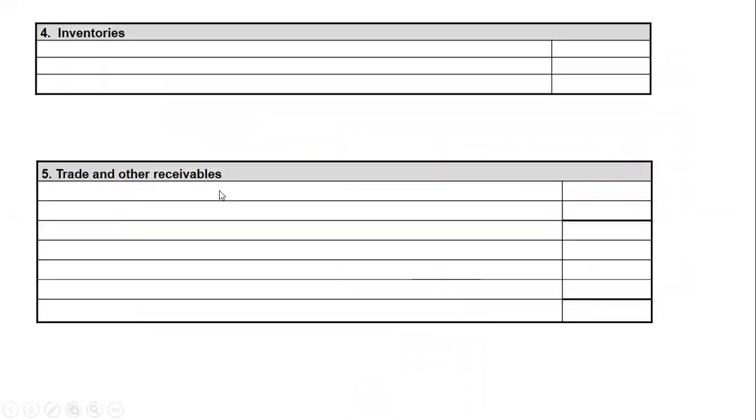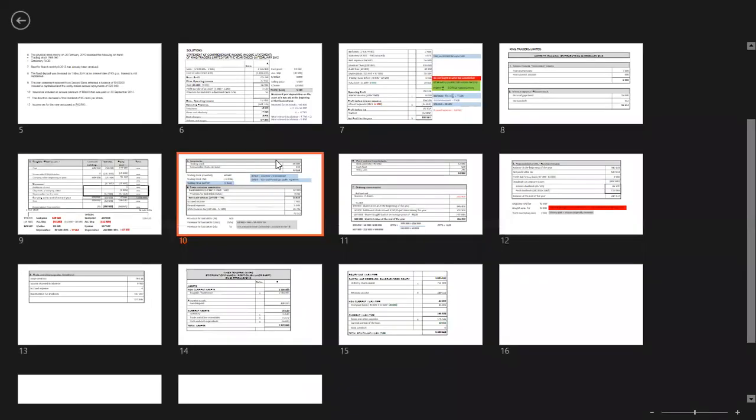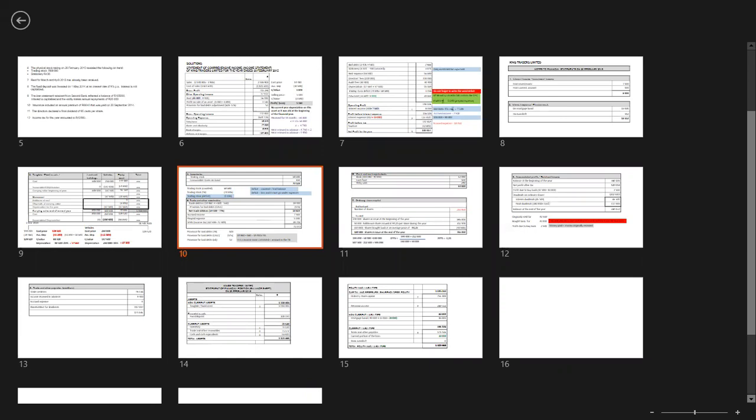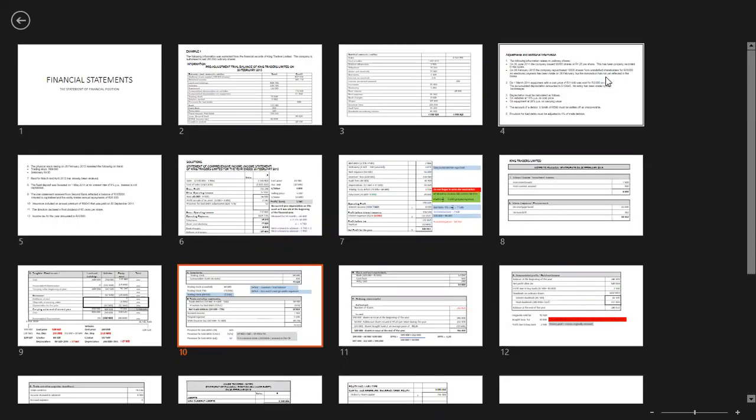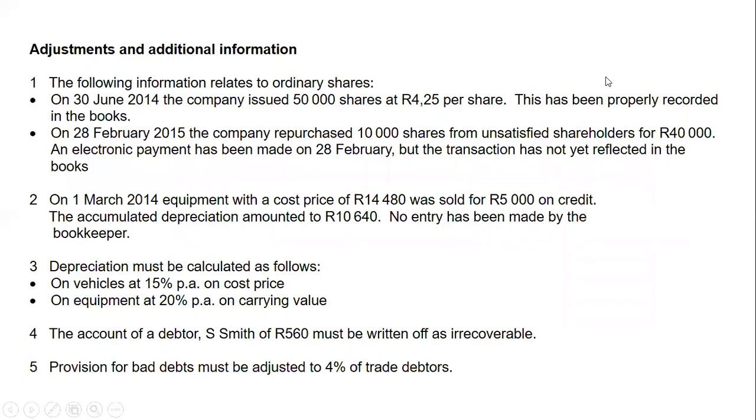Under trade debtors, we're going to have 14,960. We add the 5,000, which relates to the sale of this equipment. Now I am done with adjustment number 2.